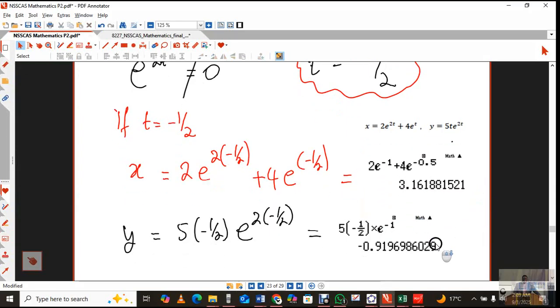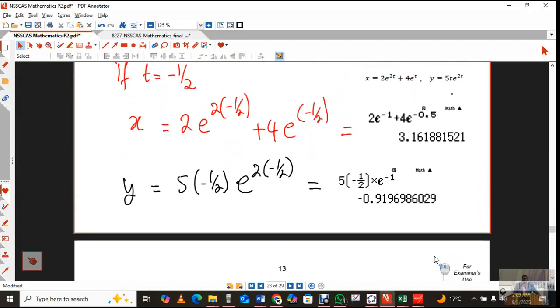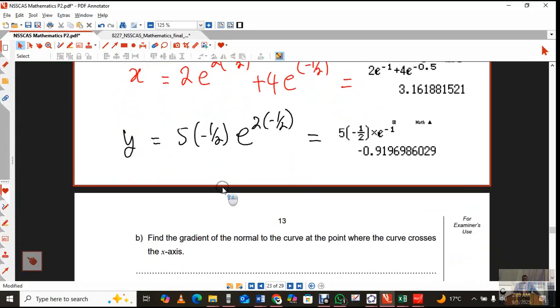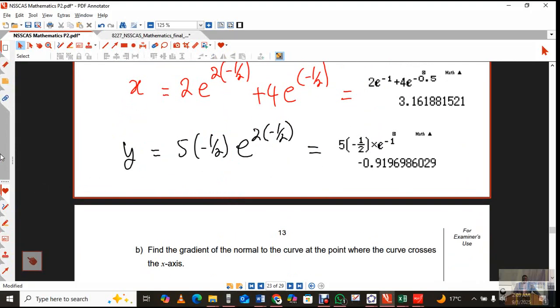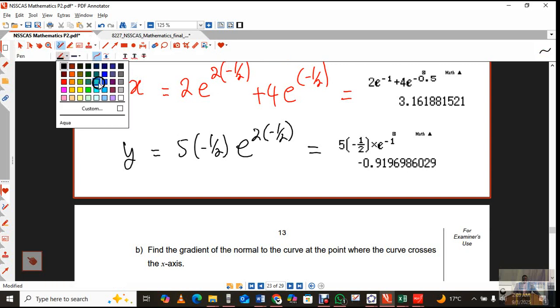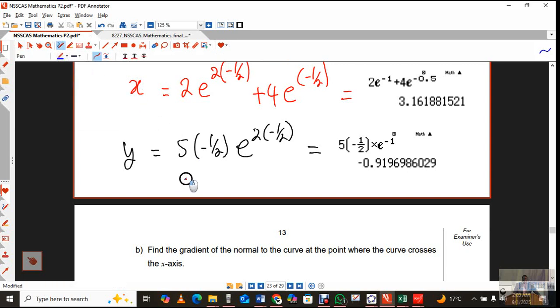There we have it. Right, so what are our values of x? So this gives me that x comma y is 3.16, they're saying, to 2 decimal places, and negative 0.92. These are the solutions.